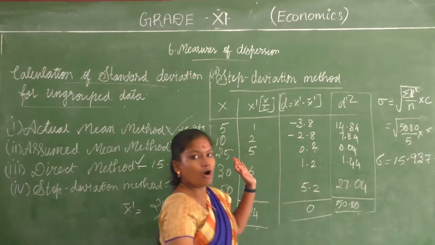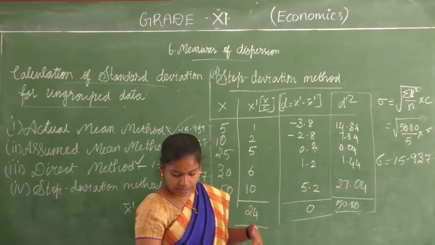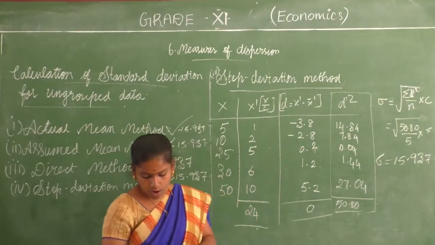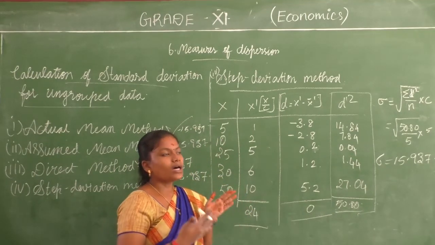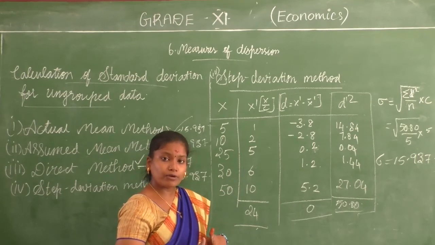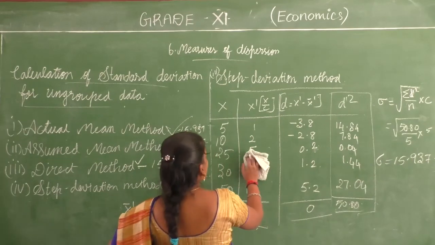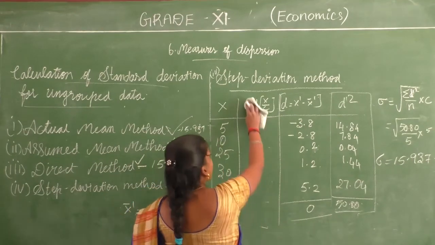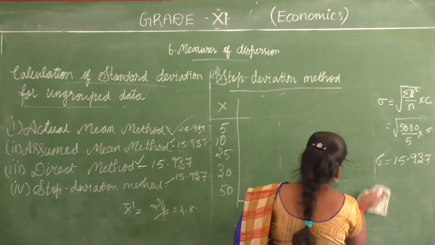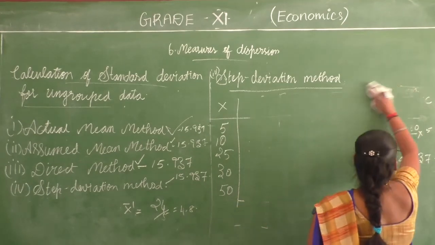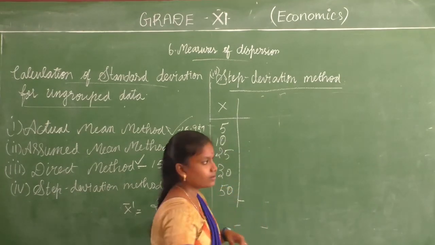What is the second method? Here, we will divide the values by the common factor. For standard deviation, we are going to have the usual method or assumed mean, x minus a divided by c. We are going to try that method also. So x bar and x dash we don't need. We just take an assumed mean, subtract it, then divide.